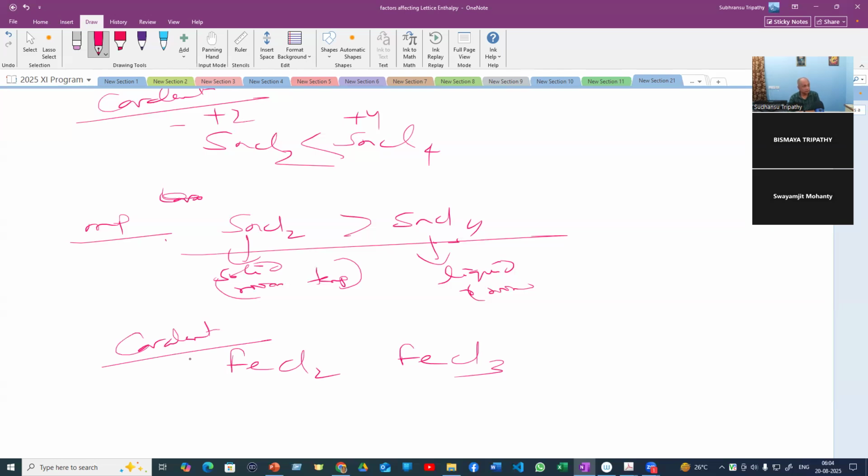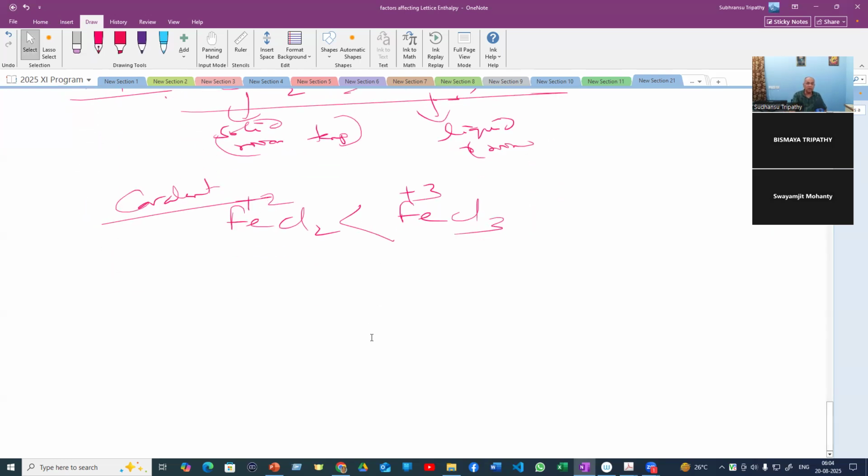Sir, FeCl3 is greater. Yes, Fe3+ versus Fe2+. The more the charge, the more the polarizing power. So, regarding melting point, ferrous chloride will have a higher melting point than ferric chloride, because ferric chloride has larger covalent character.